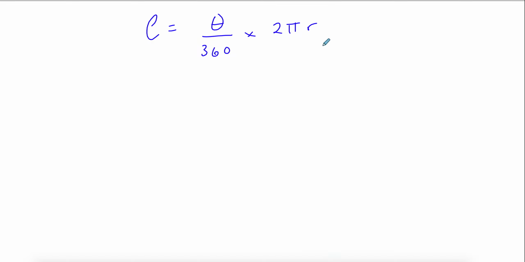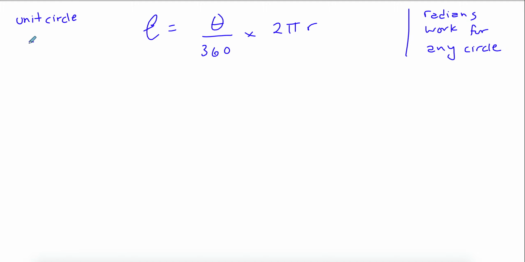Well, we know for a fact that radians work for any circle. It doesn't matter what radius the circle has, the definition of radians works for any circle. So we're going to take the most basic and fundamental circle in math, which is called the unit circle. The unit circle has a radius of one unit. Centimeter, meter, unit, whatever it is.